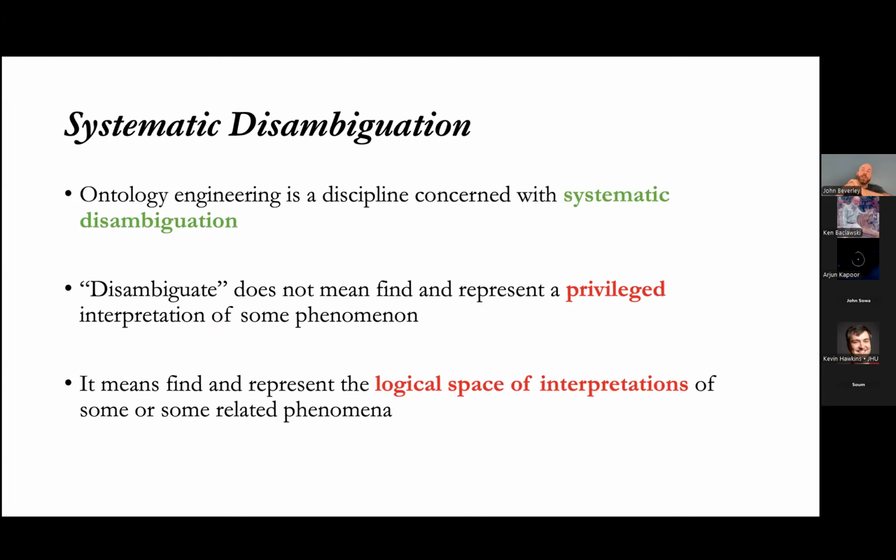Disambiguate here does not mean find and represent a privileged interpretation of some phenomena. It means find and represent the logical space of interpretations. I'm not trying to find one way to interpret the world, whether I'm using BFO or not. I'm learning from the subject matter experts, and I am taking seriously the logical space that they're describing, and I'm trying to model that.